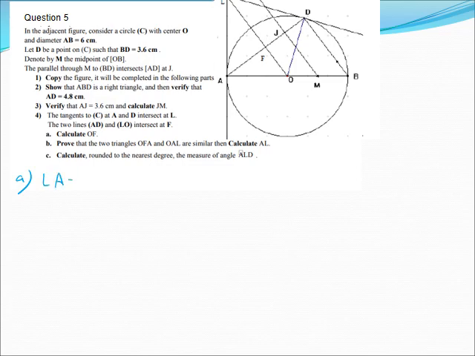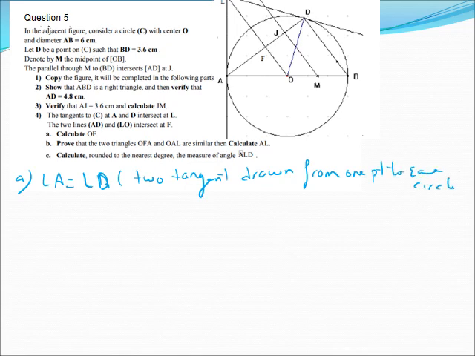LA equals LD, two tangents drawn from one point to the same circle. OA equals OD, equal radii in the same circle.